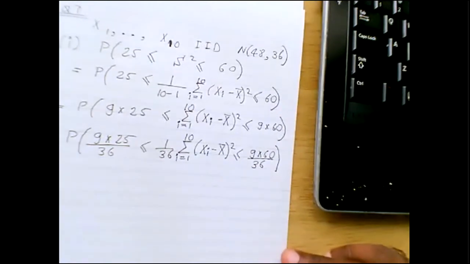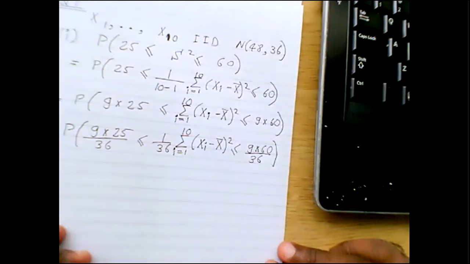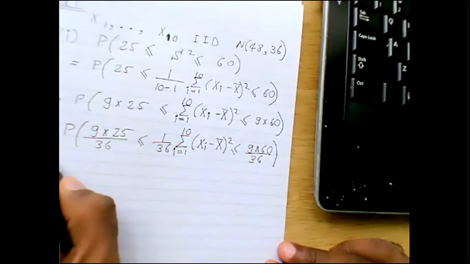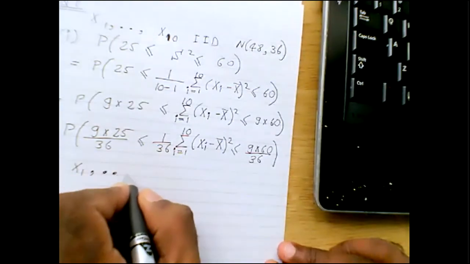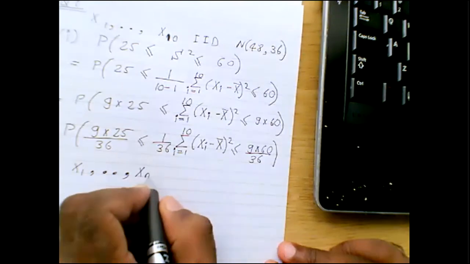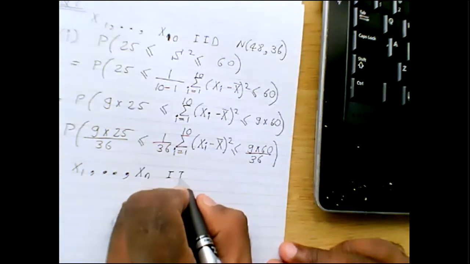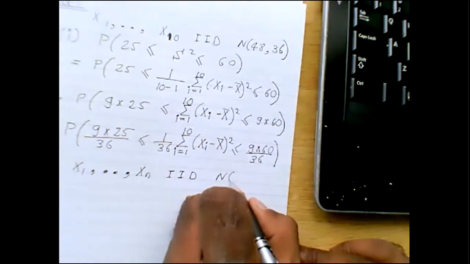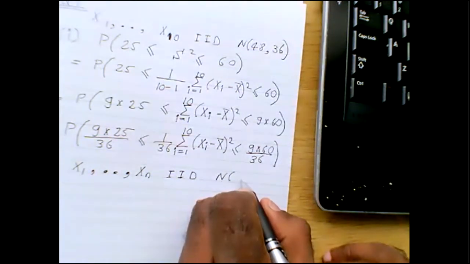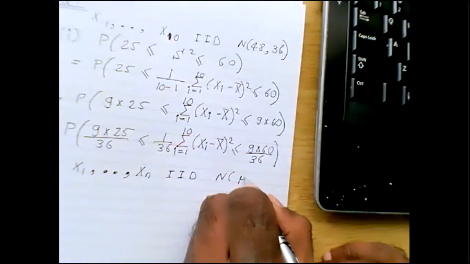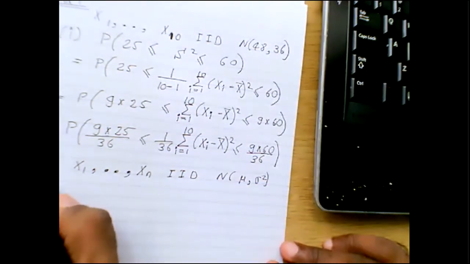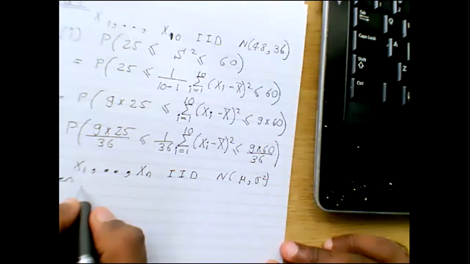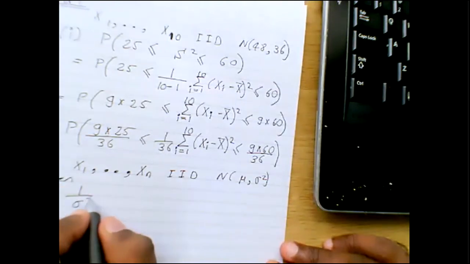Do you remember the property? Let me write it down in case you forgot. You have a random sample, which are IID, with parameters, say, mu and sigma squared. Then the following is true.